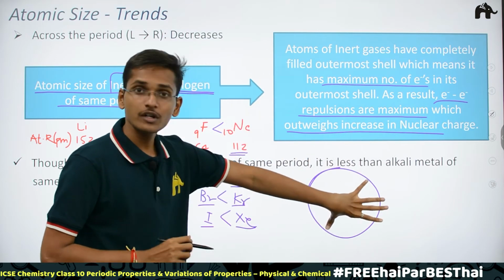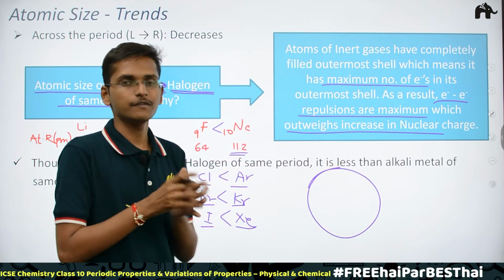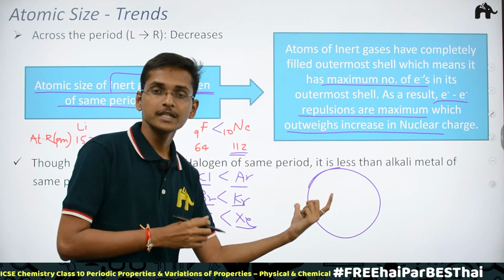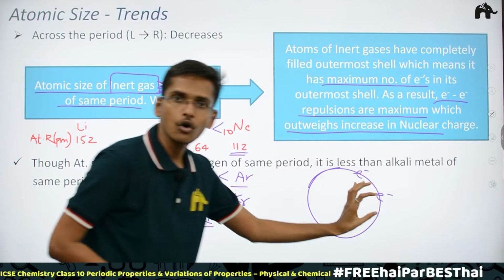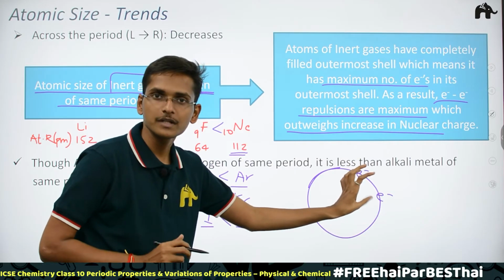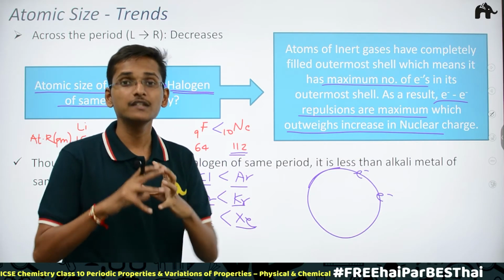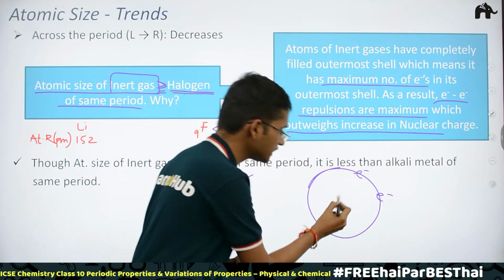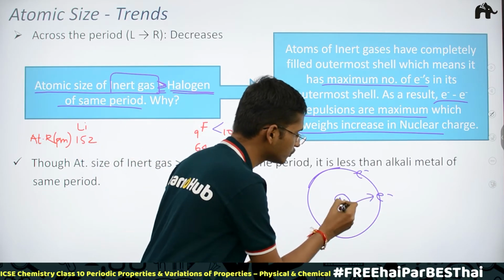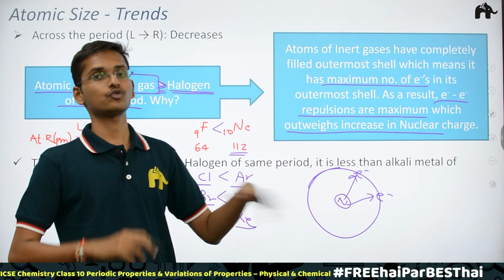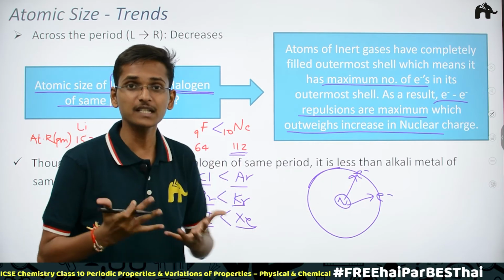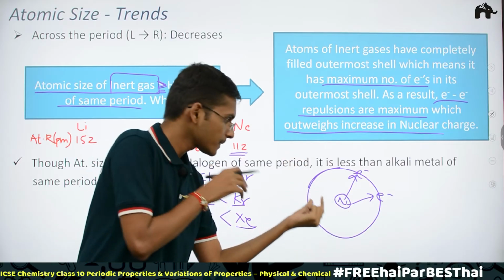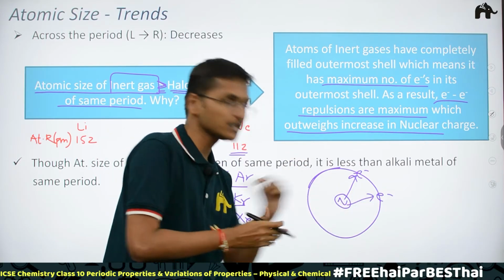Simply put, the repulsive force between these electrons is much more than the attractive force between the nucleus and the electrons. So now you can imagine that they are repelling each other with a force which is greater than the attractive force between the nucleus and the electrons.